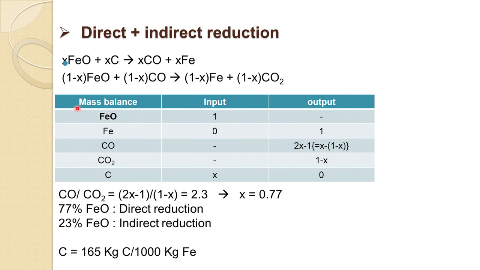Finally when it reduces, you combine it and you will get the COx. If you combine these two, then you can do the mass balance, then you get x minus (1 minus x) equal to 2x minus 1 for CO, CO2 is 1 minus x and 0 carbon as an output.